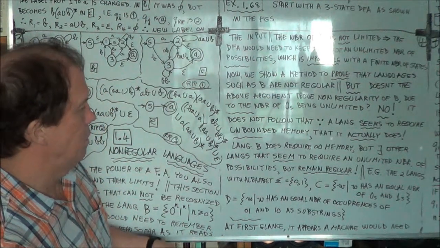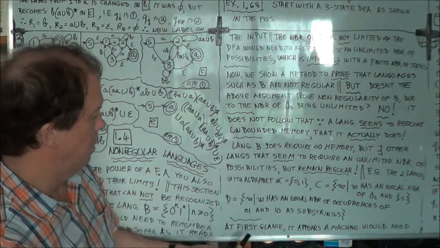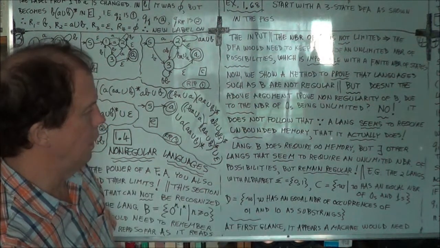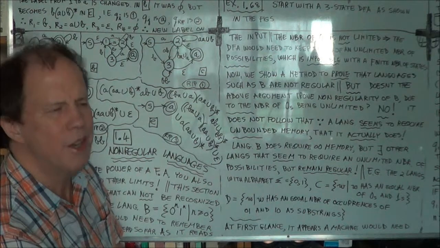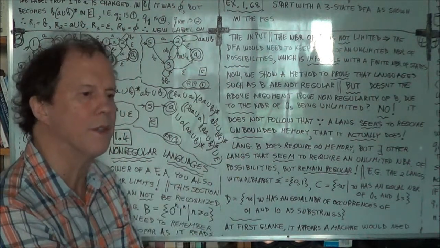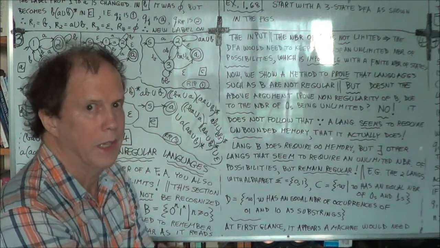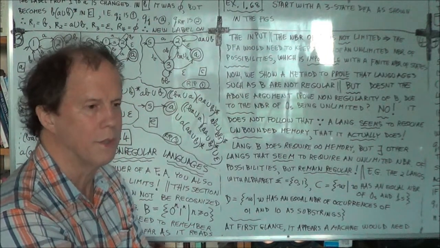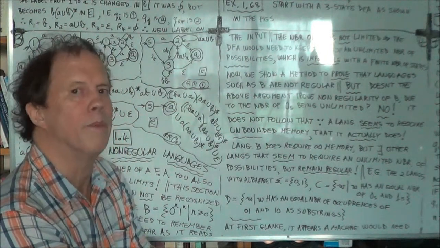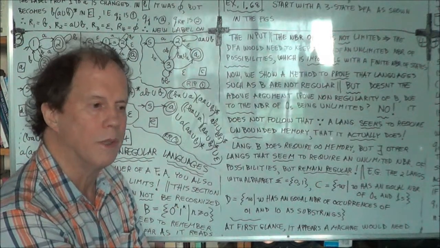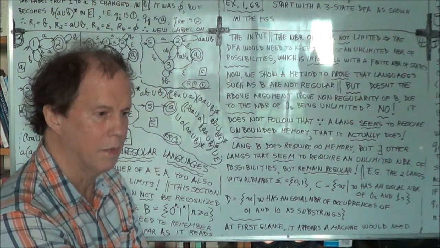So now to give you a taste, I'll give you two languages. Both of them give the appearance, when you look at them superficially, that they would be non-regular languages. Both of them look as though they need infinite memory to be able to recognize them.